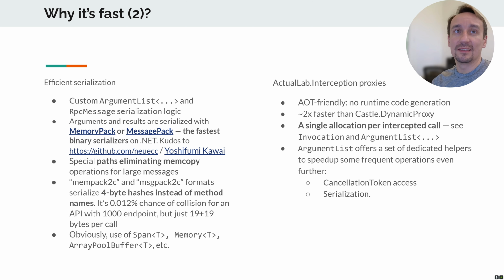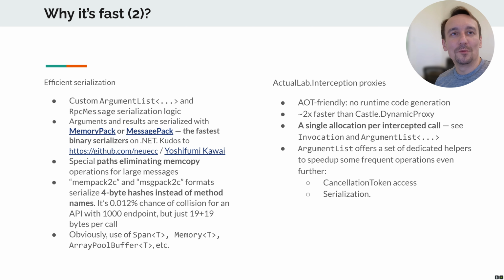There are special paths eliminating some memory copies in case the amount of data to copy is relatively large, and even some really low-level optimizations on the serialization format level.